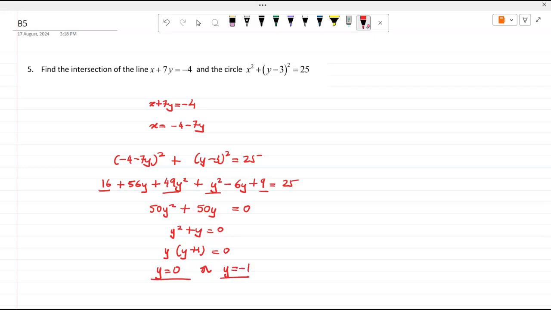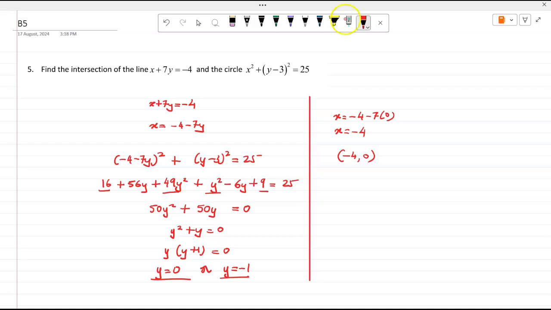Now get the value of x. So now I have to plug that into our original equation. Obviously, it's easier to put in the line. So minus 4 minus 7 into 0, so x is equal to minus 4. So minus 4 comma 0 is the first one.